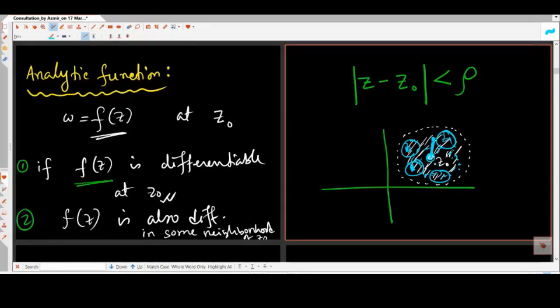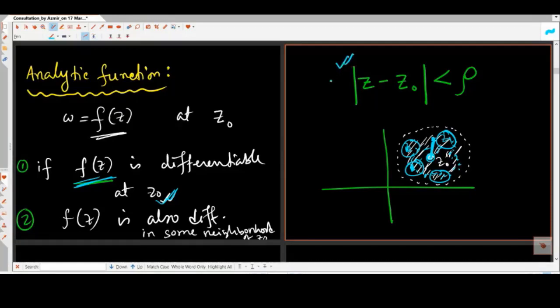That means if the function f of z is differentiable at z0, that function is also differentiable at z1, z2, z3, z4. That means the function is also differentiable in the neighborhood of z0.